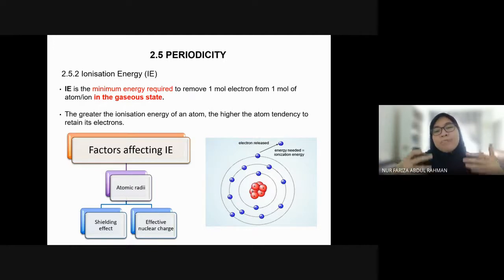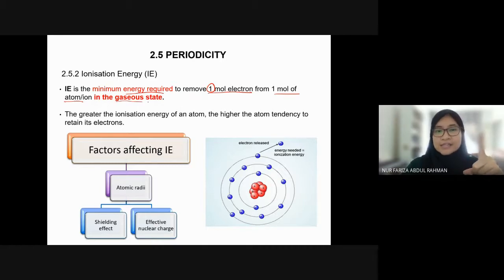Okay, alright. In proper definition, IE is the minimum energy required to remove 1 mole electron. It should be 1 mole. It cannot be 2 mole, 3 mole, and whatnot. It should be 1 mole of electron from 1 mole of atom or ion in the gaseous state. Okay, you need to have all of these keywords in order for you to get 1 mark.